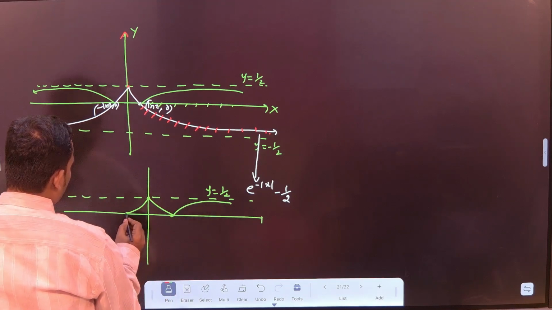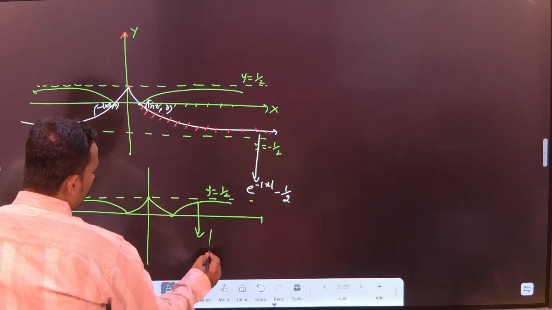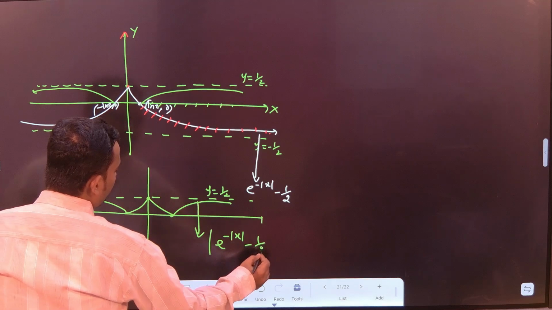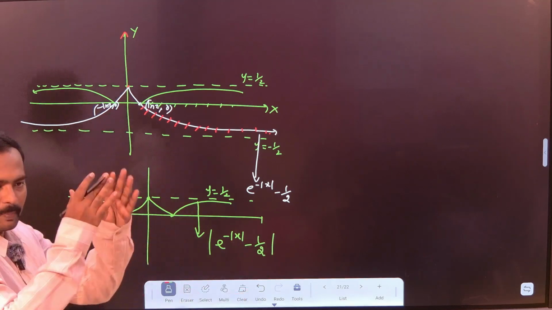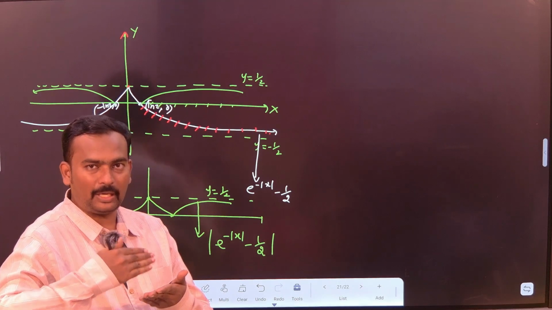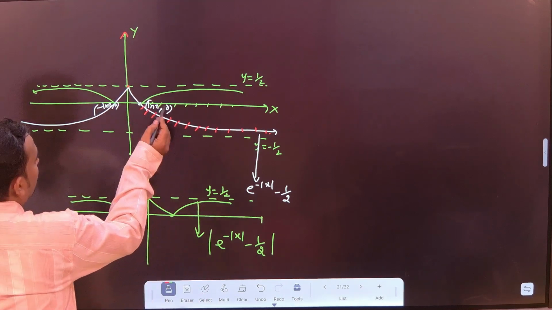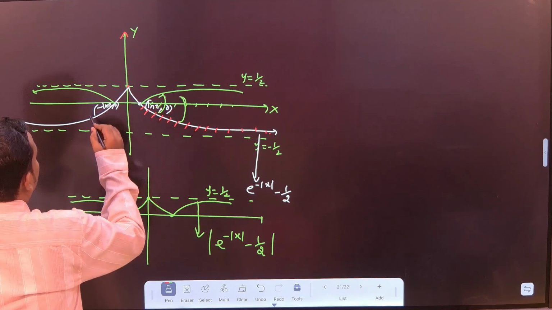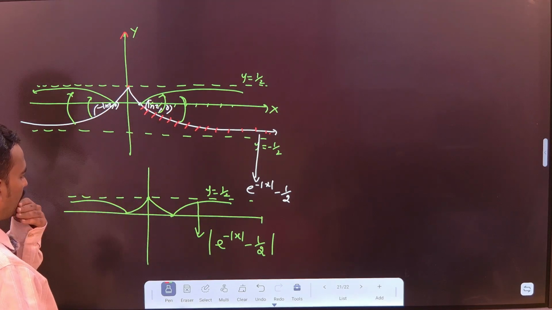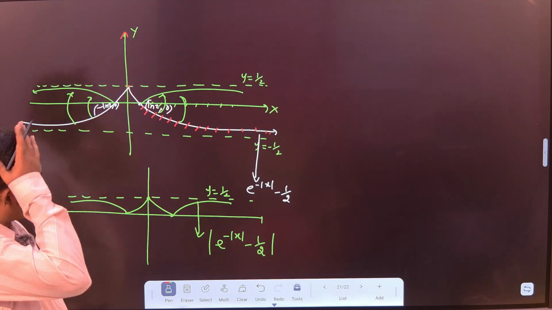This is the graph of modulus of e power minus mod x minus 1 by 2. If you apply the whole modulus, the part below the x-axis you have to reflect with respect to the x-axis. It will be reflected like this, right? This is your graph of e power minus mod x minus 1 by 2. Clear?